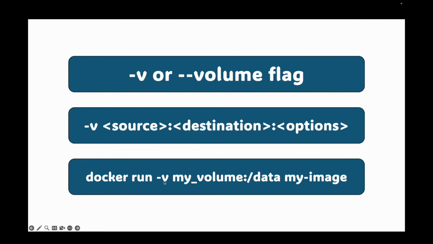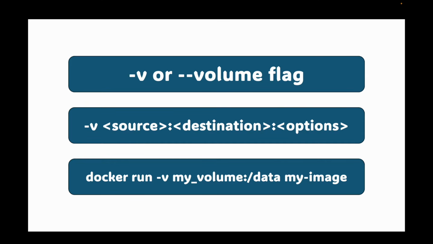So docker run -v and then the name of your volume, the path inside your container, and then the name of your image. It's short, it's simple, and it works. But notice the syntax is a bit stringly typed. Everything is crammed into one single string, which can get messy with complex options.